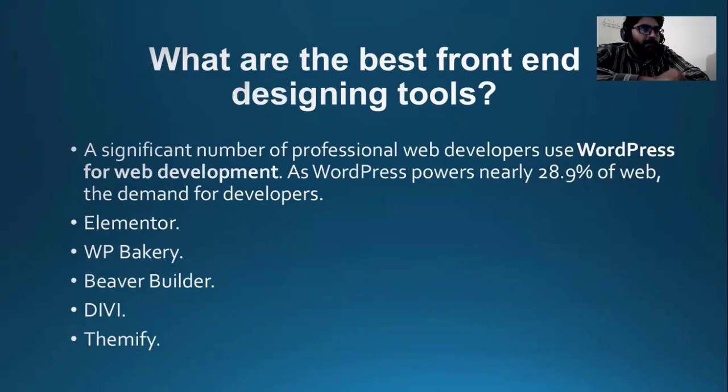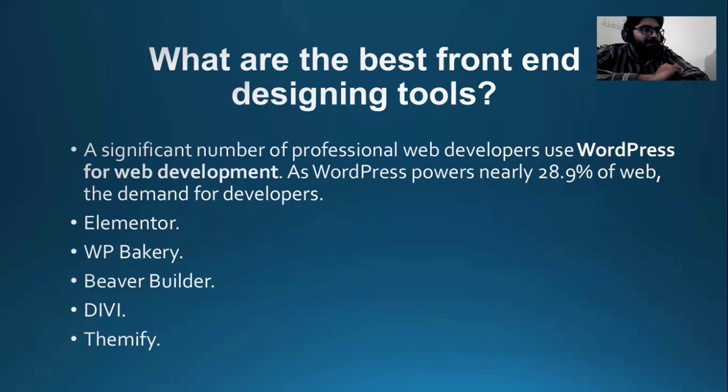Next, we'll see what the best front-end designing tools in WordPress are. A significant number of professional web developers use WordPress for web development. As you know, nearly 28.9% of web development is covered by WordPress, and this is very much in demand for WordPress developers.